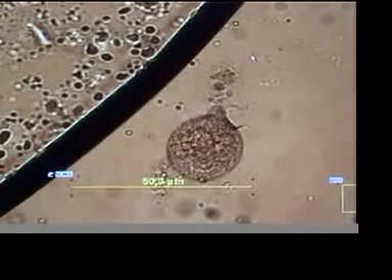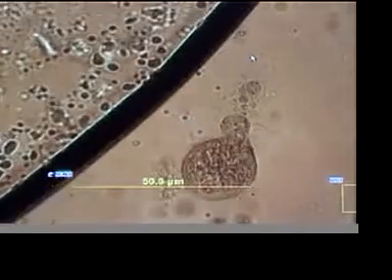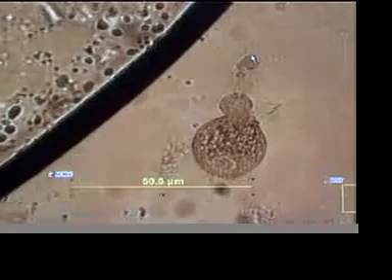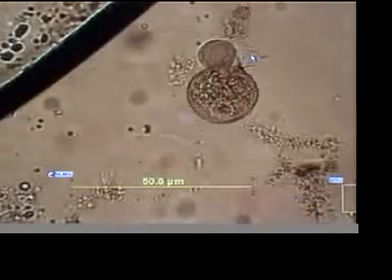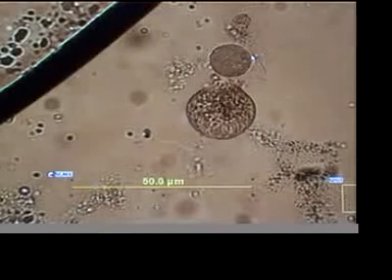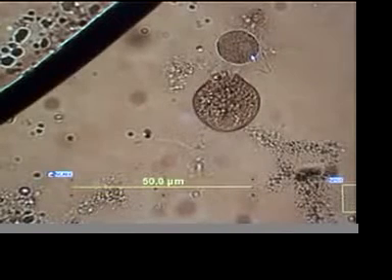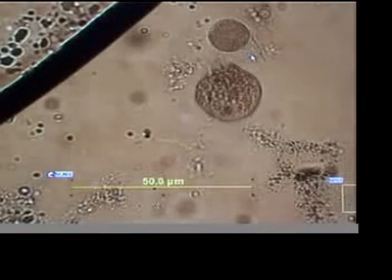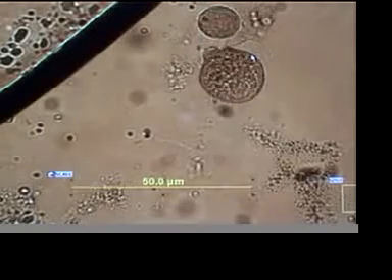I'll try to keep him centered. He is moving while he's changing. Watch carefully. This is really interesting. 922 hertz, 125 watts, 1.4 SWR. He severed into 2 large spheres.